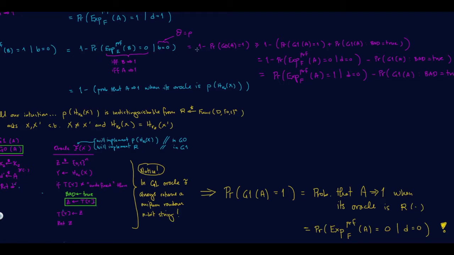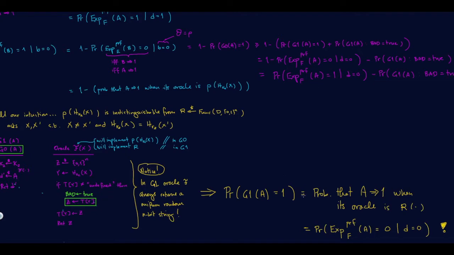1 minus this is 1 minus this. But then we just argued, using this fundamental lemma of game playing down here, that we can upper bound this thing by what's in the parentheses over here. And if I upper bound this and I subtract it, that means I get a lower bound, right? If you upper bound and you subtract, you have to flip it around. So this thing here is at least 1 minus the thing that we replaced this by, which is all that.